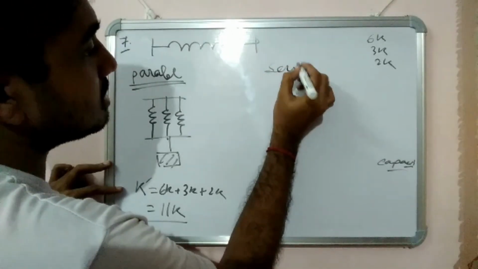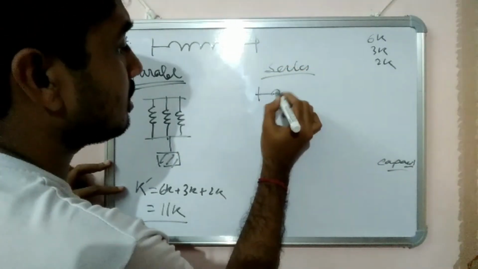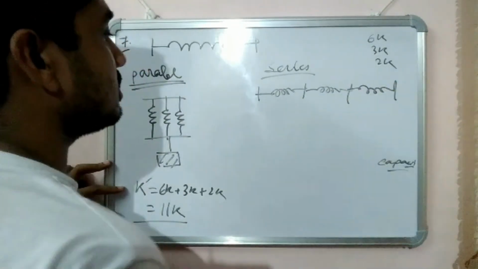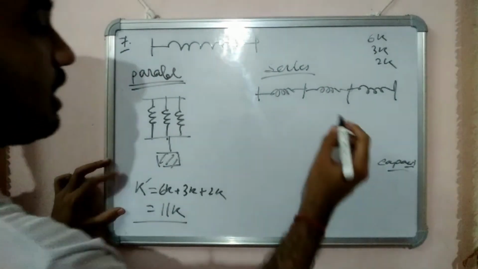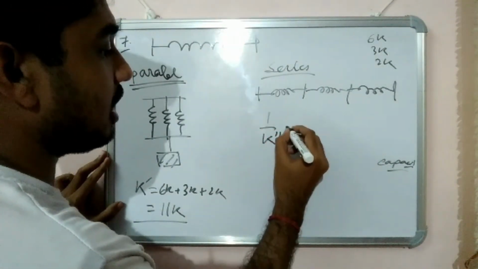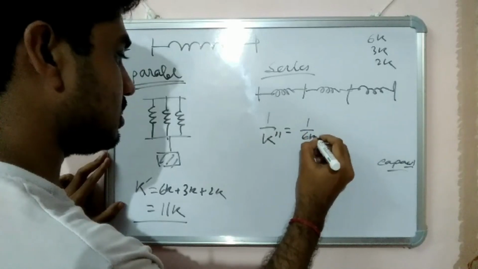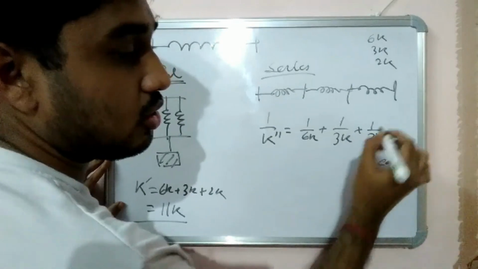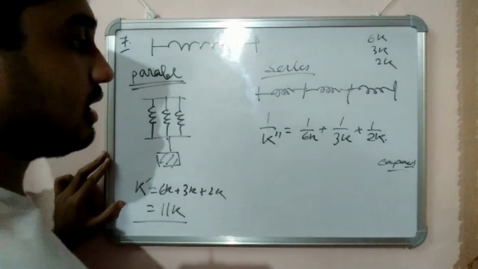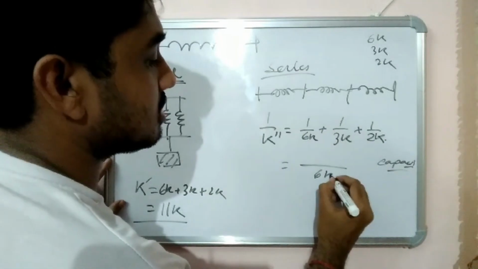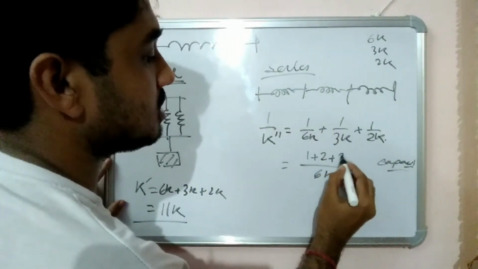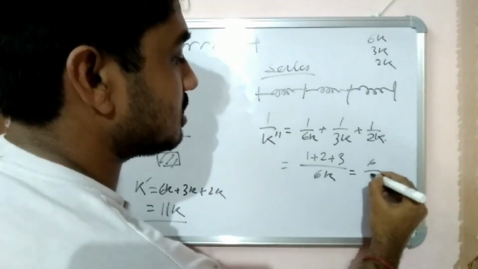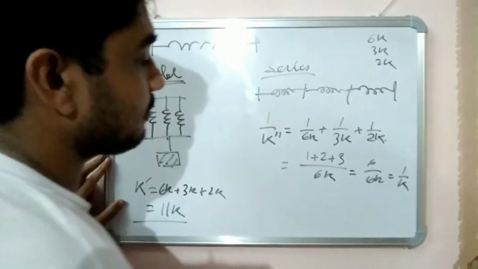And when it is in series, it will be like 1 by k double prime is equal to 1 by 6k plus 1 by 3k plus 1 by 2k, and it will become 1 plus 2 plus 3 over 6k, which is 6 by 6k, that is 1 by k.